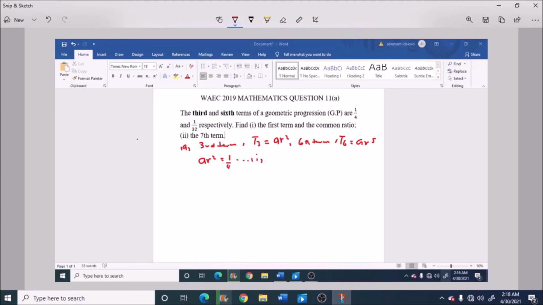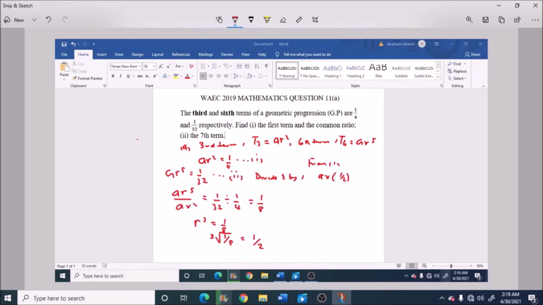So from equation 1 above, let's substitute for r. So we have a times (1/2) squared, which is equal to 1/4, so a times 1/4 is equal to 1/4. So a is equal to 1.